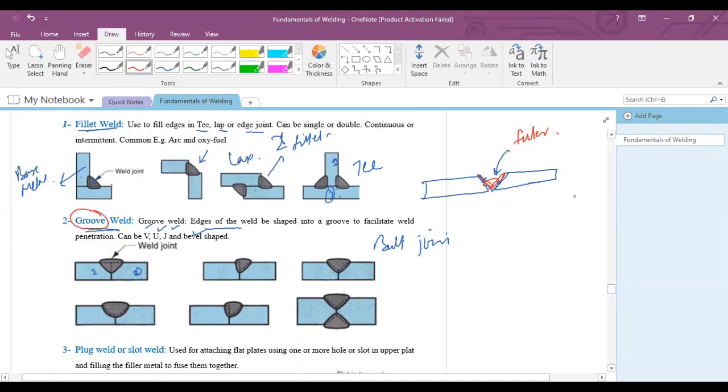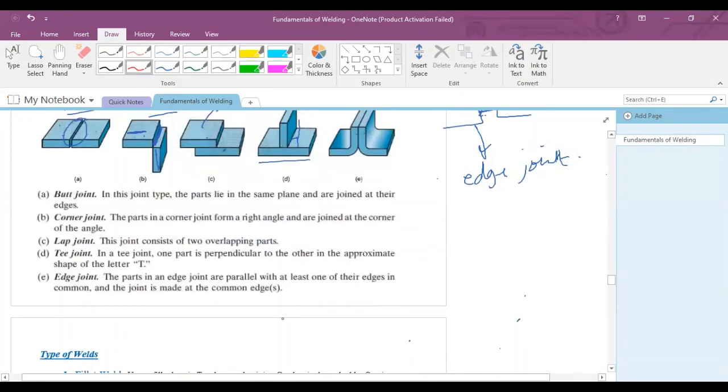This type of weld will be called groove weld. Similarly, if you have one part like this and another part like this, then you can join with the J type, and filler material will be added, right?